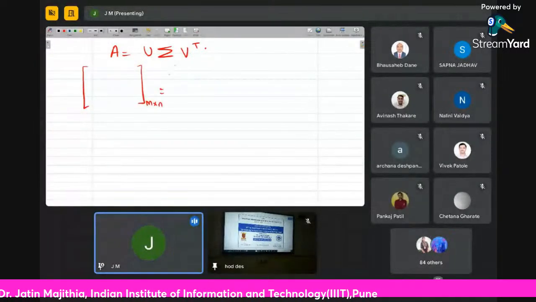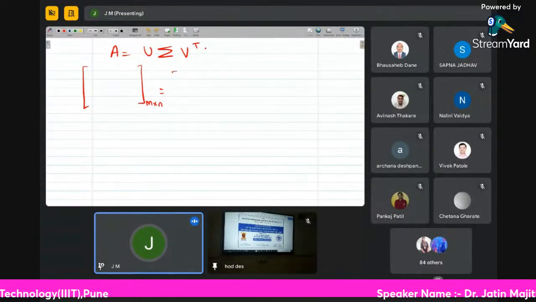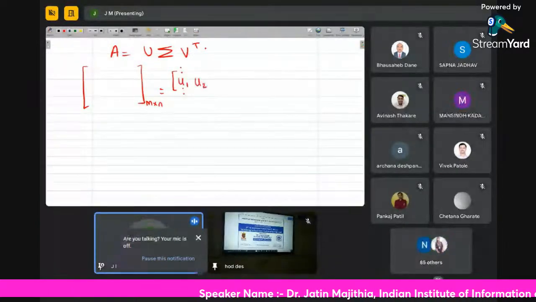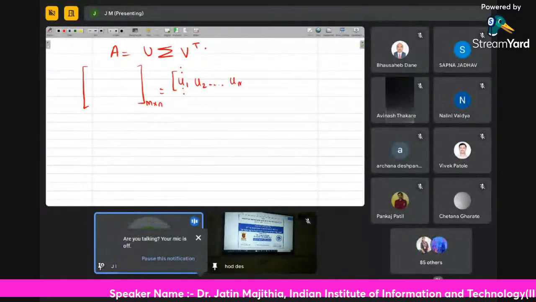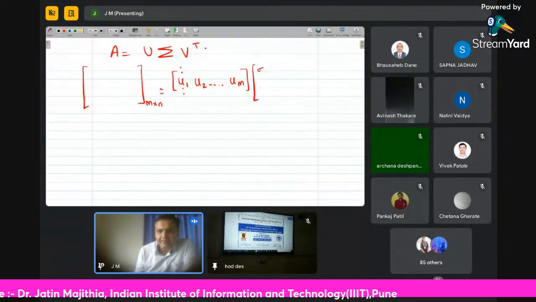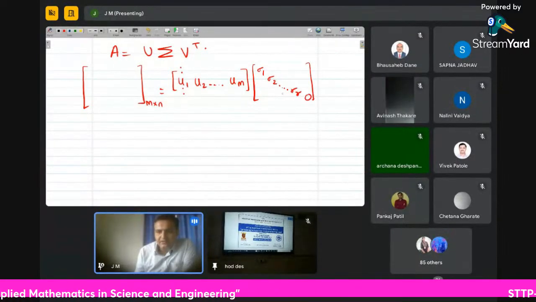My U is a matrix, let me write it a smaller way: U1 is a vector, I'm just using a smaller bracket. U1, U2 up to Um. Then I have sigma, say the matrix is of order R, and the rest everything is 0.